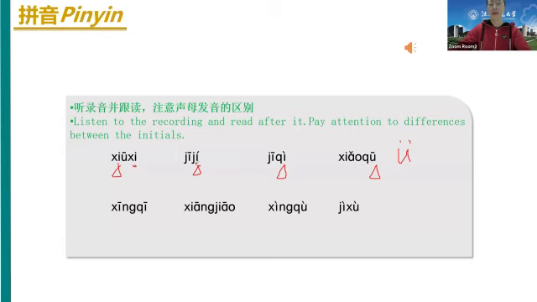We should make an emphasis on that syllable. Yes, that is ü. Yes, right. Very good.